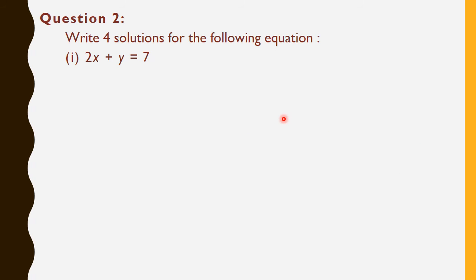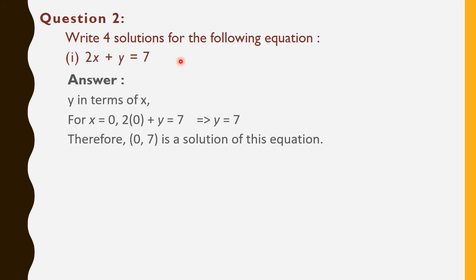Question number 2 says, write 4 solutions for the following equation. So we have talked about infinite solutions. In this question, they have asked us to find only 4 of them. To find the solutions, let us bring this equation in terms of y.